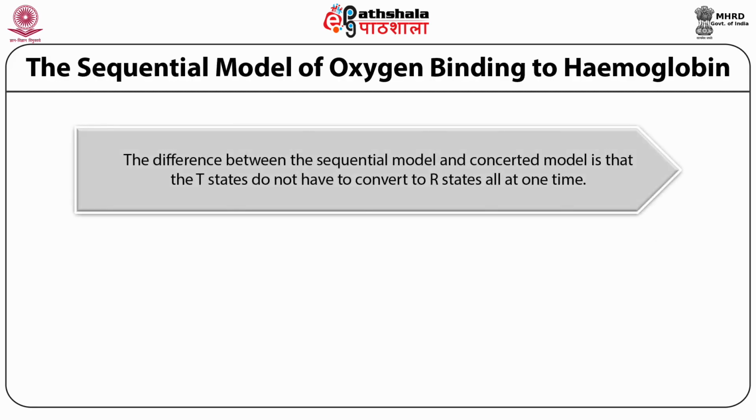So the basic difference between these two models, the concerted model and the sequential model, is the change of the form of the subunit, like from T state to R state. The difference is whether all the subunits will change their structure at one go, or they will change sequentially. The sequential model says that it will change sequentially, whereas the concerted model says that it will change at one time.